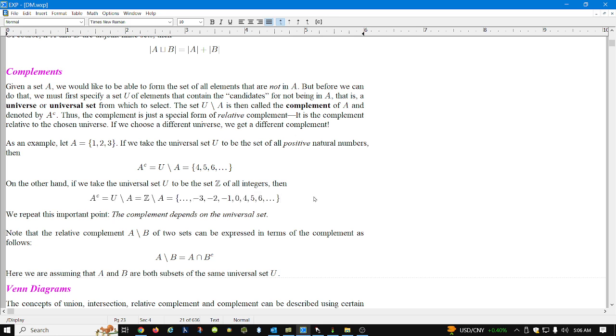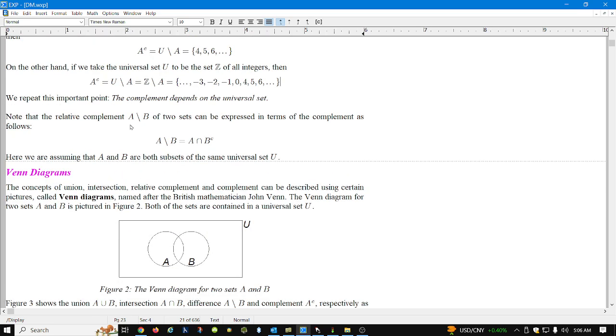Okay. So the complement depends on the universal set. The relative complement, A minus B, can be written in terms of intersection and complement, but again, this only works if A and B are subsets of the same universal set.